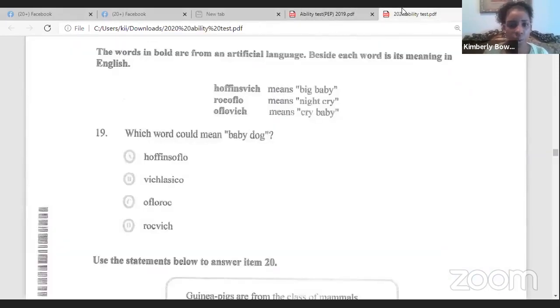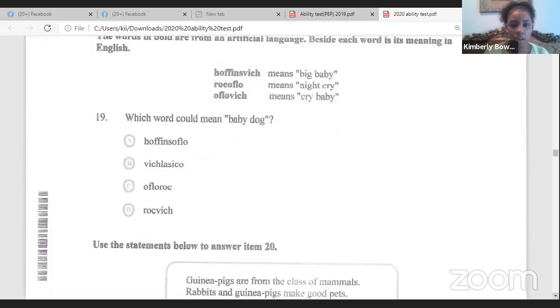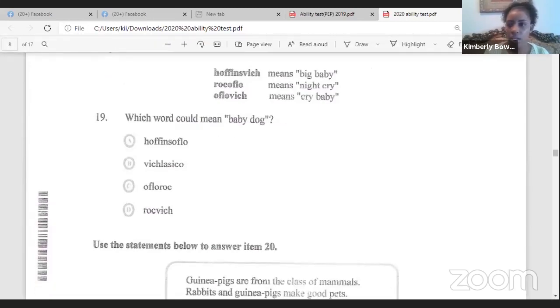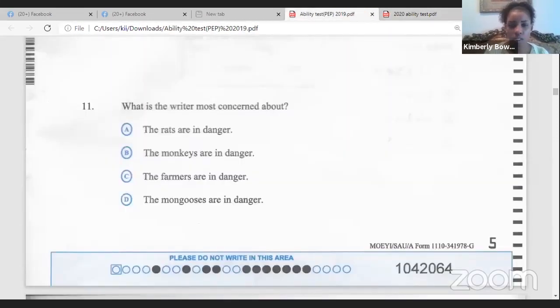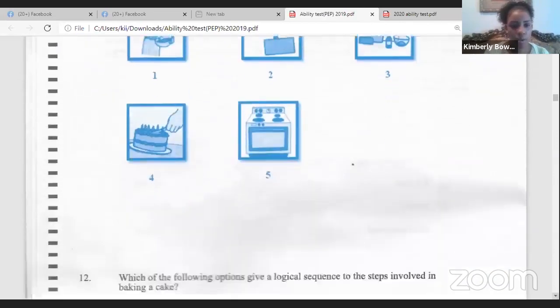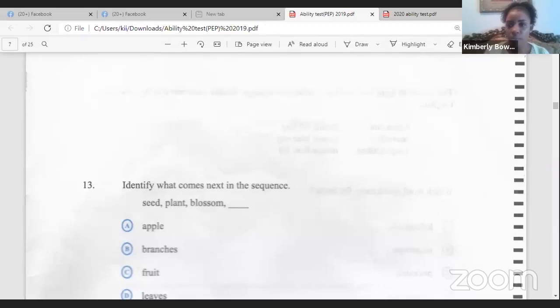So we're on the 2020 paper, and we were alluding to the fact that there will be a question on deciphering or decoding an artificial language. So we have seen that on both papers.